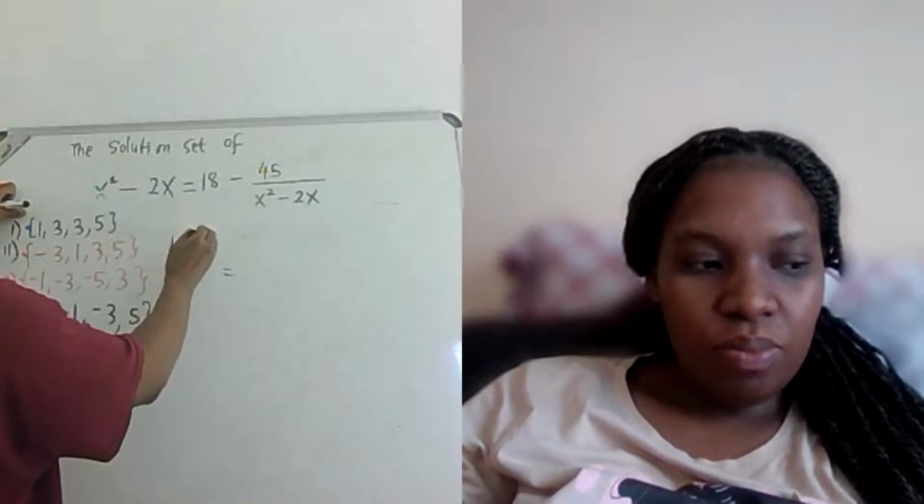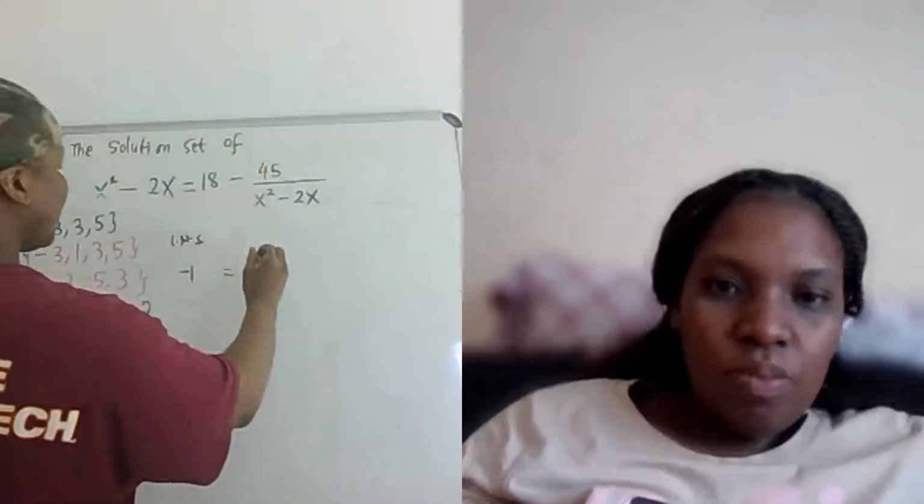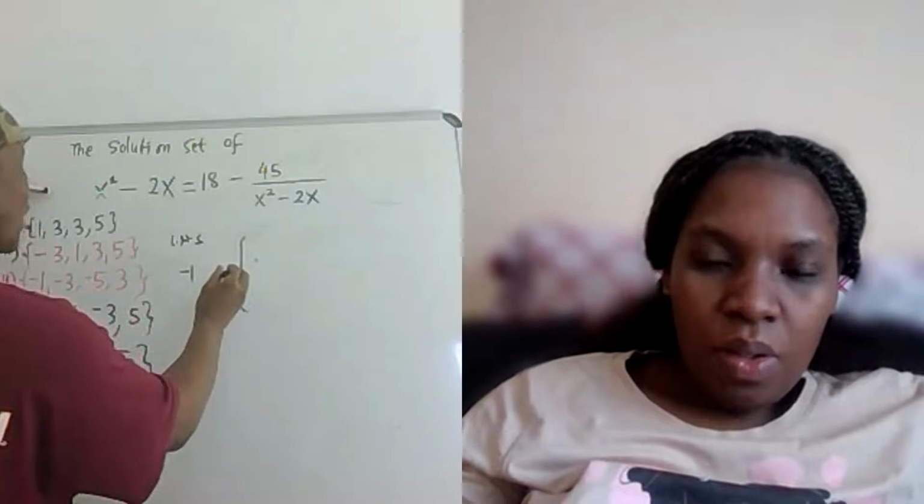Now the right hand side is 18 minus 24 over x squared minus 2. We cannot say equal yet; maybe it's not going to be equal.